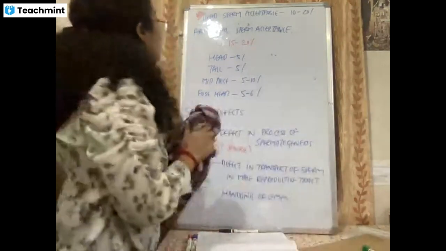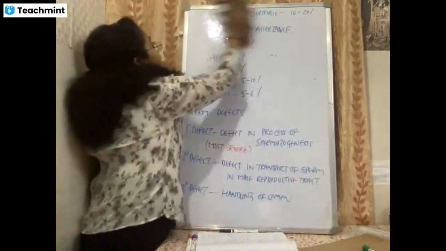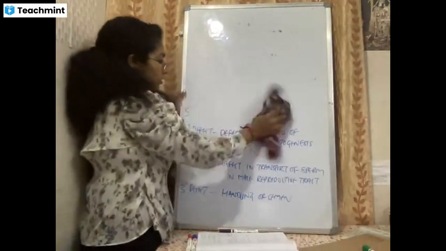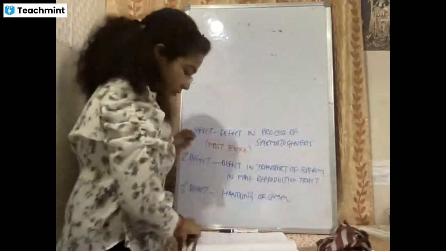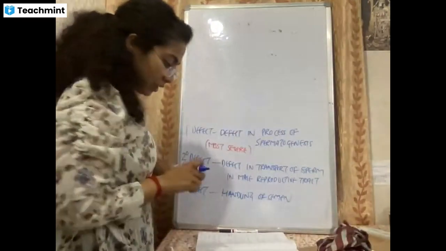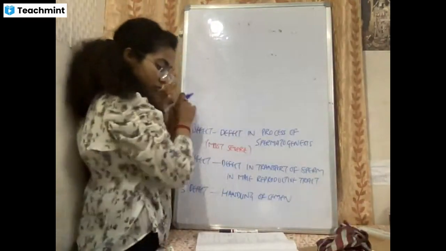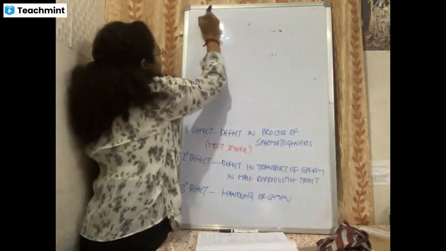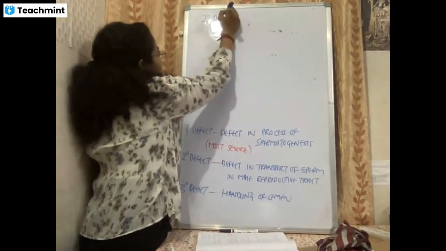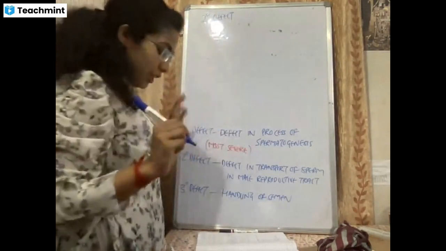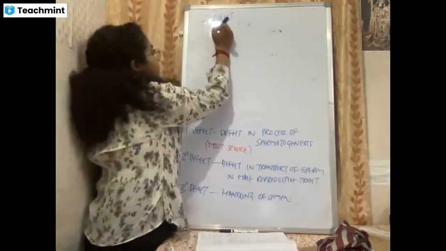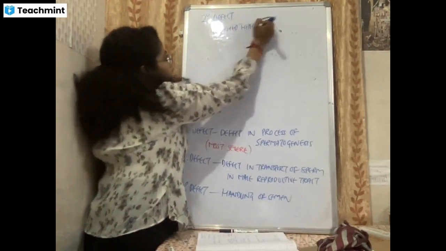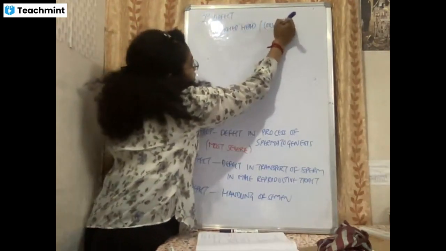Now we'll talk about different types of secondary defects. Sorry, secondary defect, not primary defect. In secondary defect, we have the detached head, loose head.